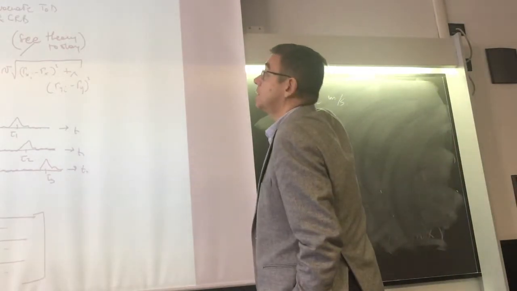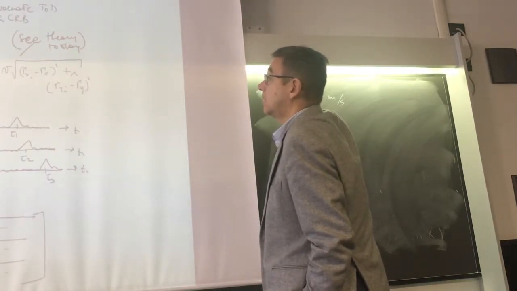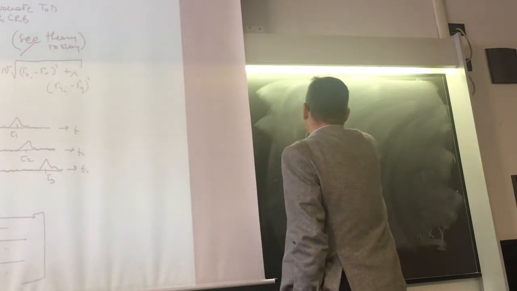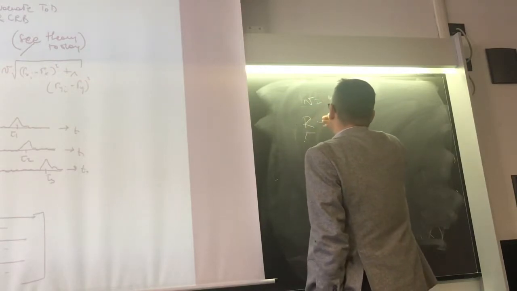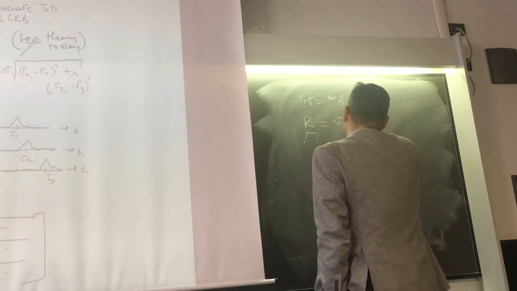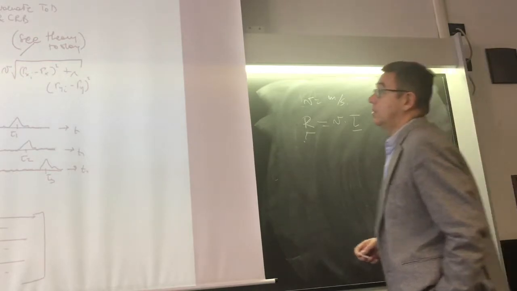So the vector of the position, the radius, is equal to V multiplied by tau. Okay, that's the radius.